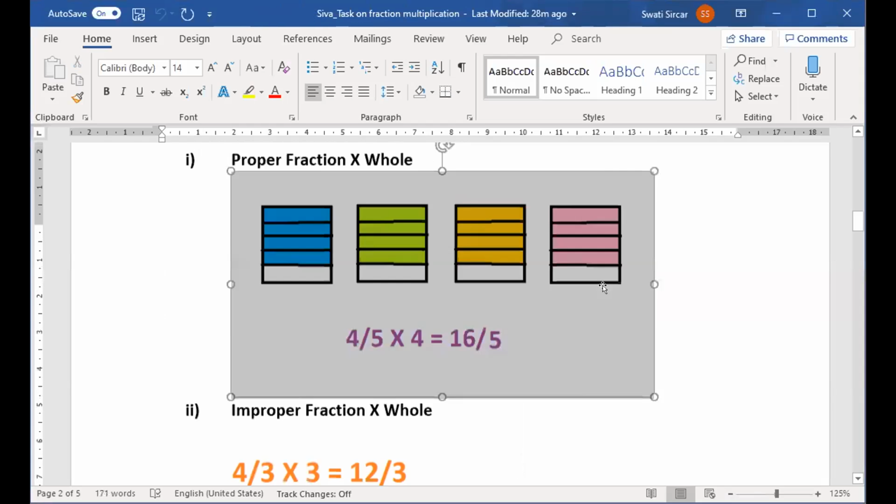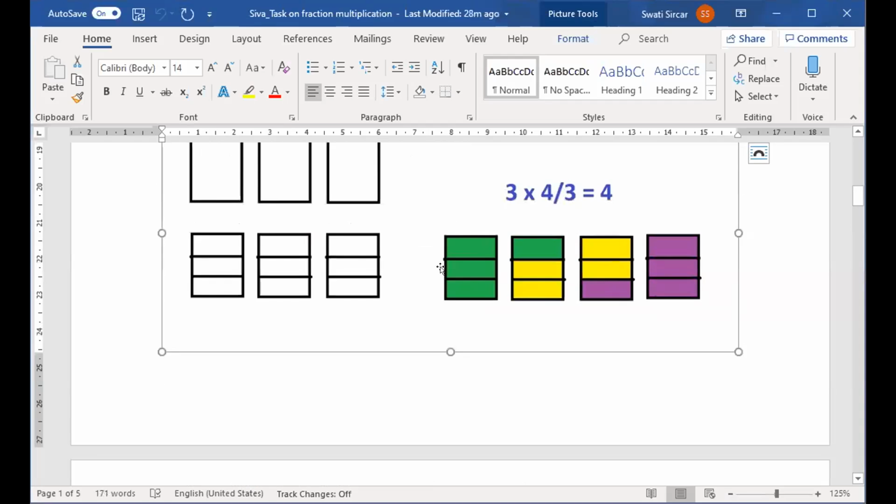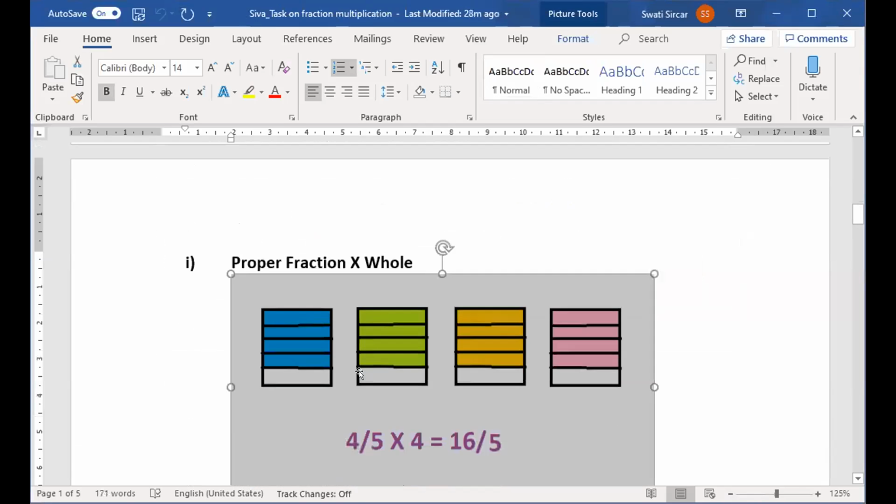This one, it should have been all the greens along one line, all the yellows along one line. So basically, it should have been 4 1/3 here and same here, so that you know it's 3 times 4/3. That would have been ideal.